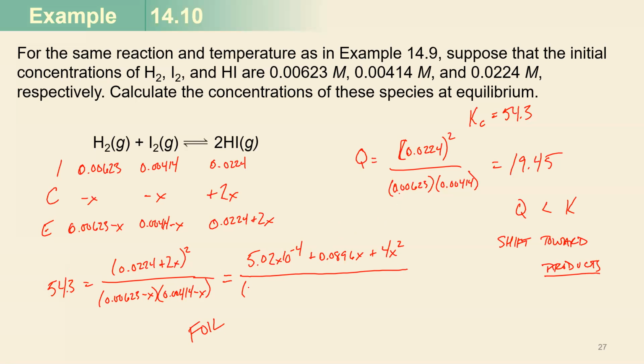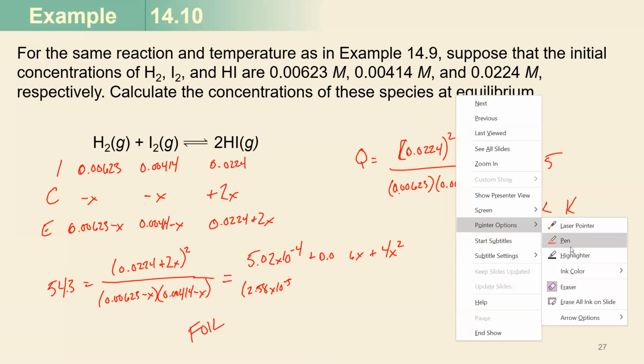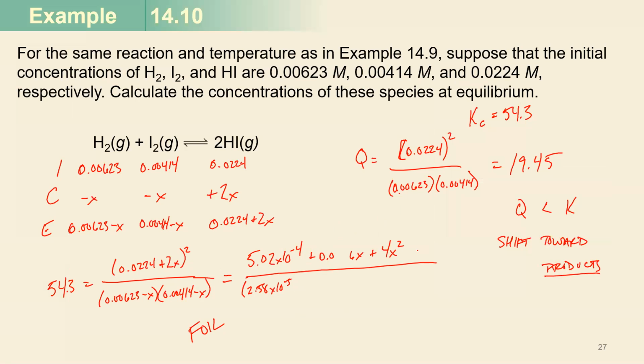On the bottom, we end up with 2.58 times 10 to the negative 5th minus 0.0104 times x plus x squared on the bottom.